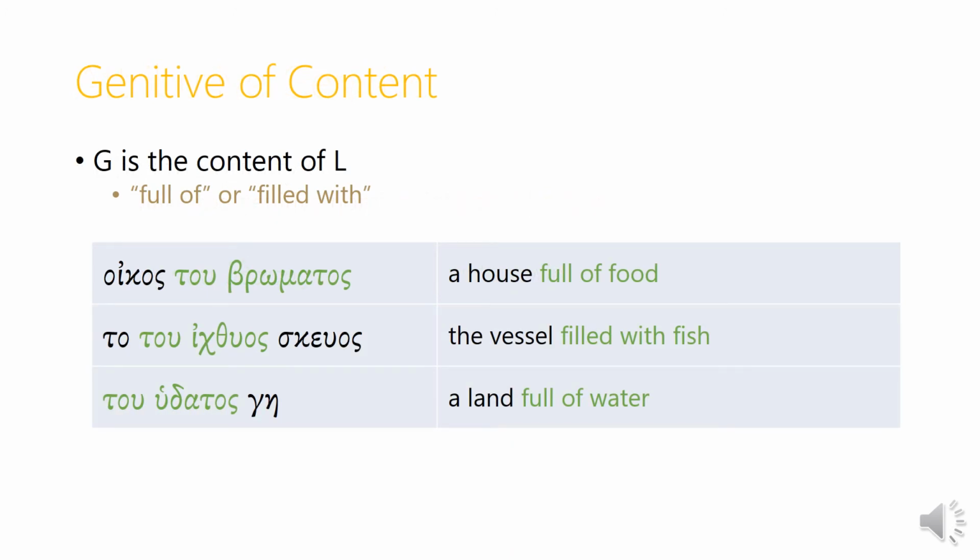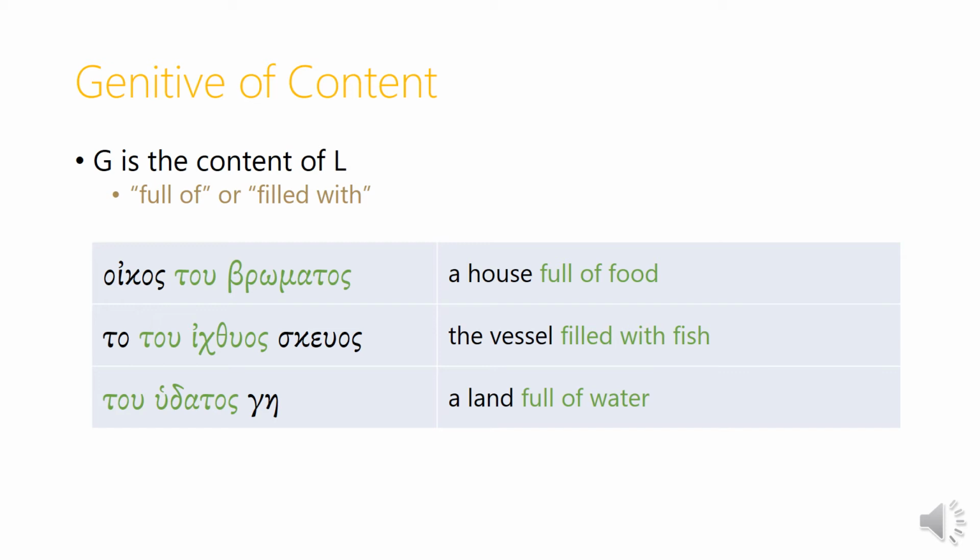The genitive of content, this is where the genitive nominal is the content of the lead nominal, and this is what we're going to translate often with full of or filled with. So oikos tu bromatos is a house full of food, and ta tu ichthuos skuos is the vessel filled with fish, and tu hudatos ge is a land, ge, full of water, tu hudatos.